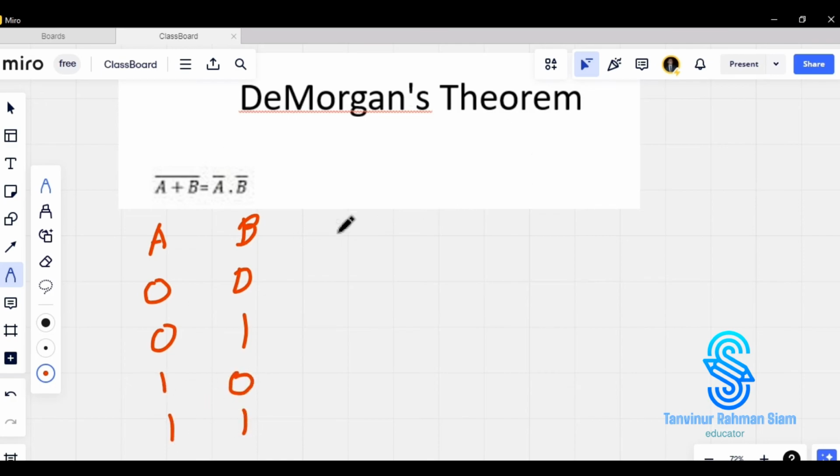Done. After that, we will have A bar B bar. That means A not and B not. So 0 will turn into 1, 0 will turn into 1, 1 will turn into 0.